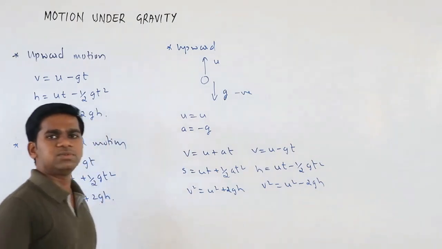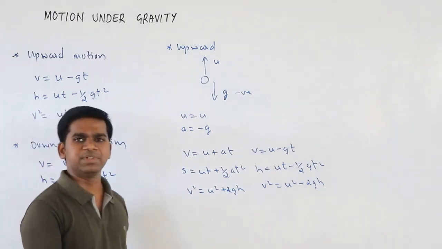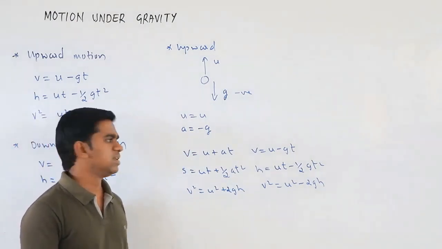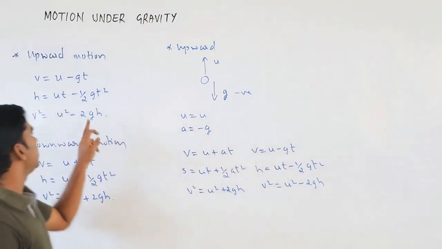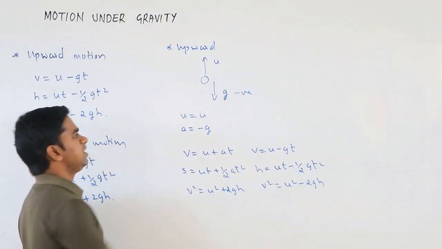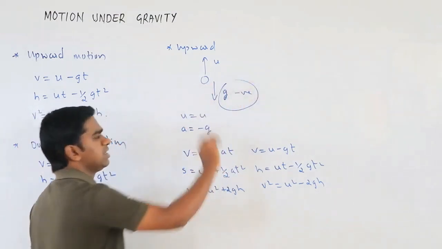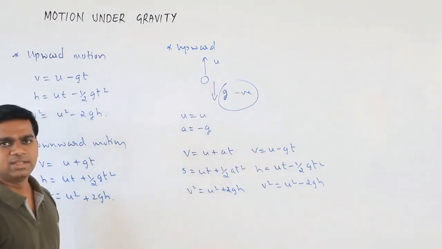This is just for remembering purposes. Without confusing ourselves, we can directly remember the equations. You get the same equations for upward motion, just by taking g as negative.